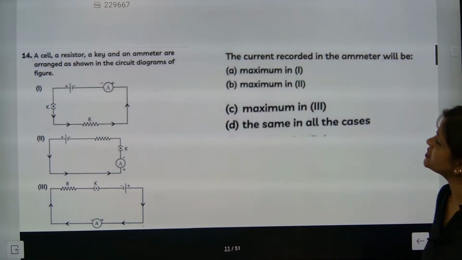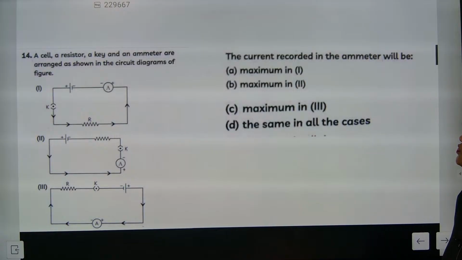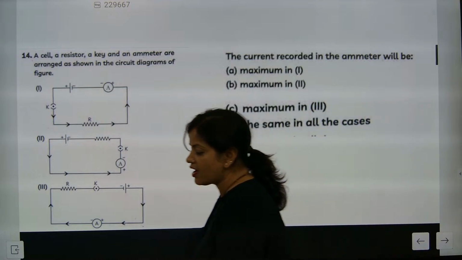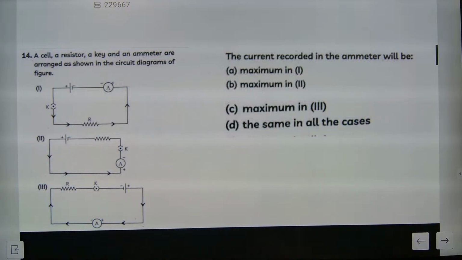A cell, resistor, a key, and an ammeter are arranged as shown. The current recorded in the ammeter will be maximum in one, minimum in two, maximum in three, or the same in all the three cases. You have to tell which one is the correct answer.